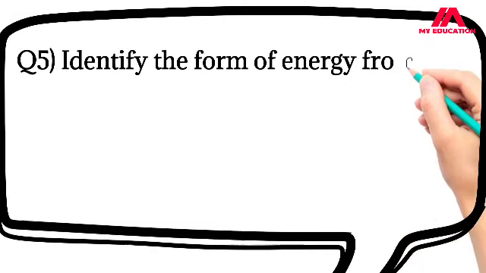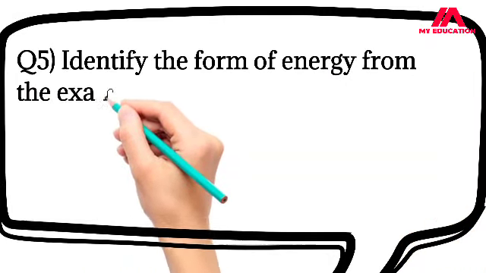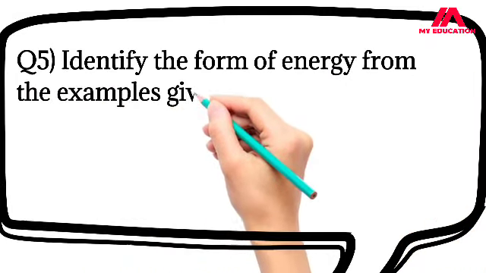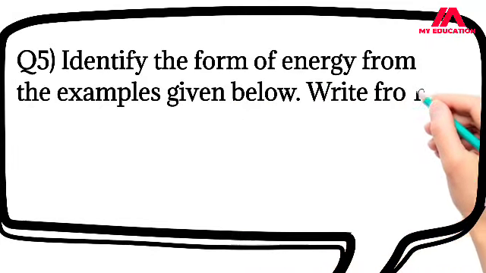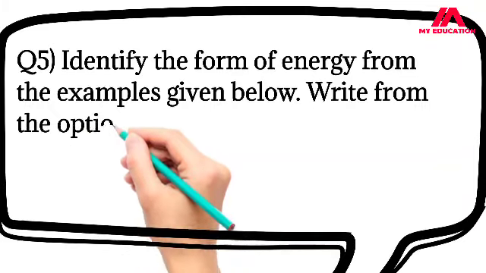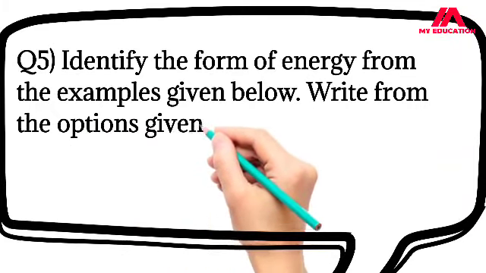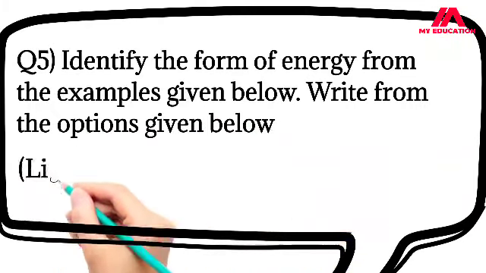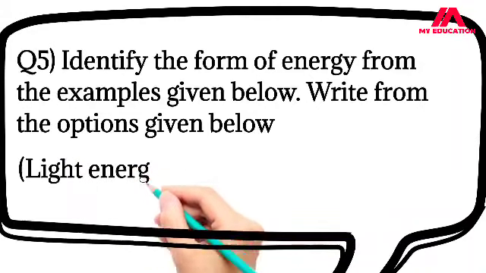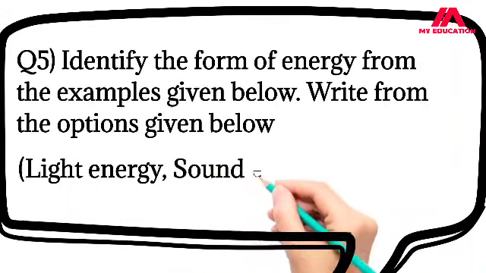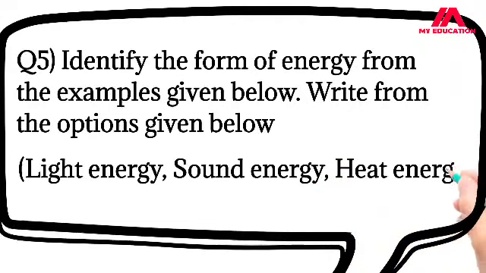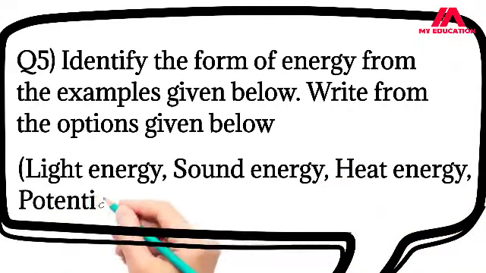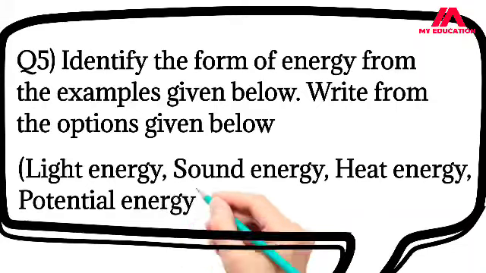Question 5. Identify the form of energy from the examples given below. Write from the options given below: light energy, sound energy, heat energy, and potential energy.